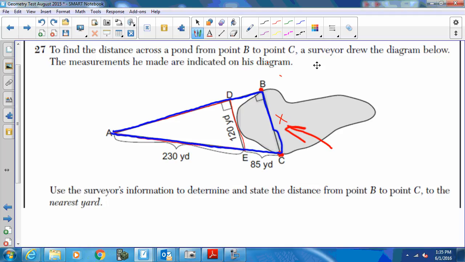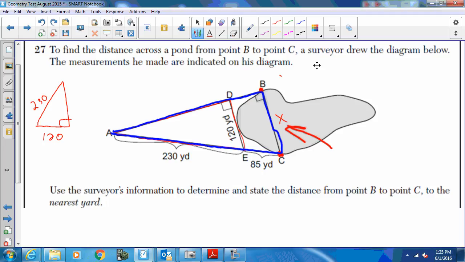And so let's just say I were to draw these next to one another. I'm going to draw that first one I did, the red one, and rotate it. So this would be the right angle. Try and picture that red one. The bottom is 120. The hypotenuse is 230.